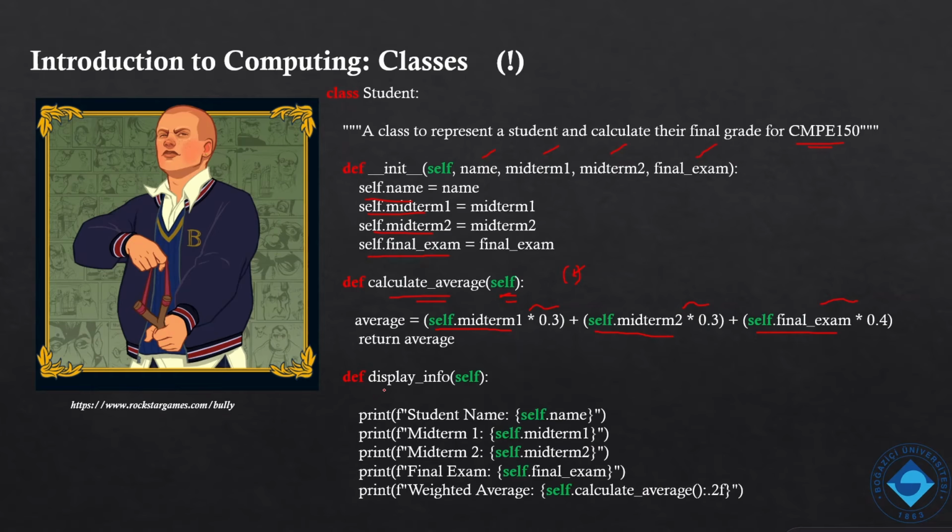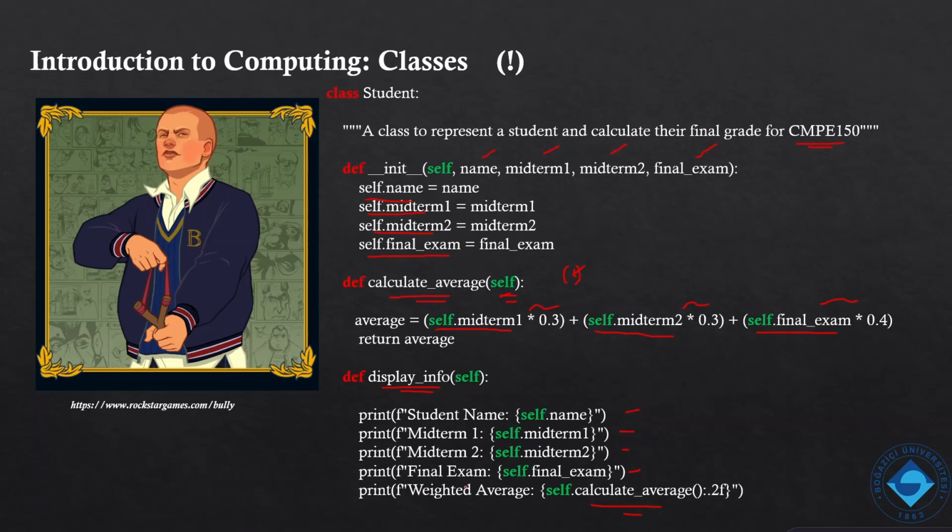Okay, then after that, I create one more behavior. It is display_information. If I call that one, it's going to print student name, student midterm 1, 2, and final exam grades. And also, it's going to call another function, which means calculate average, and it will calculate the average score, right?